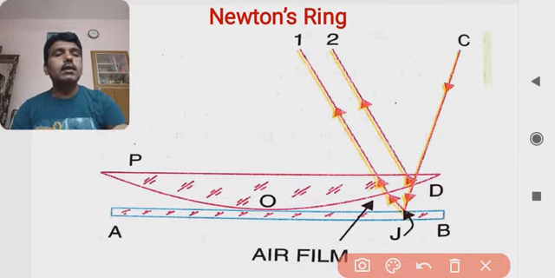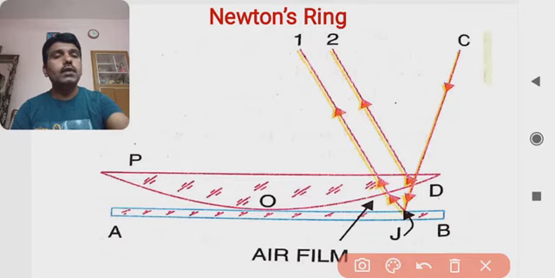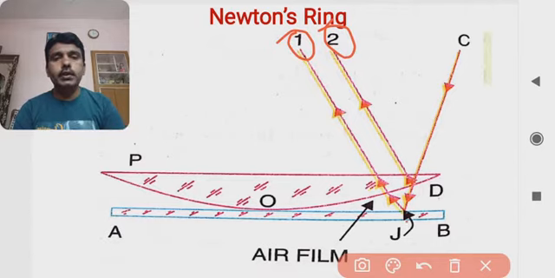So there are two reflected rays from this air film, at point D and at point J.